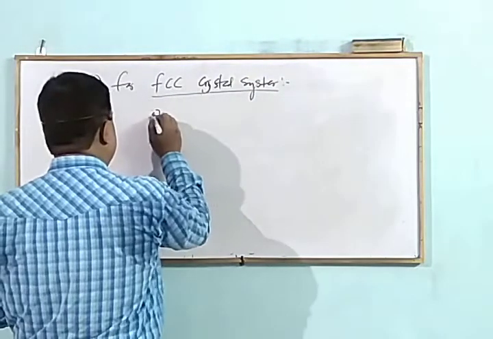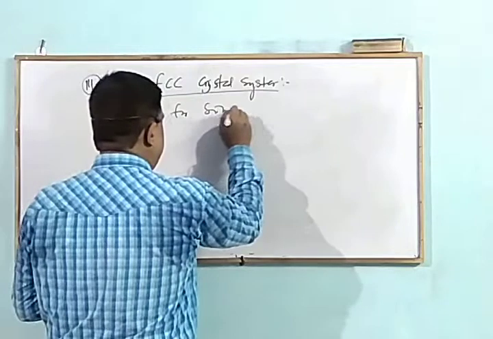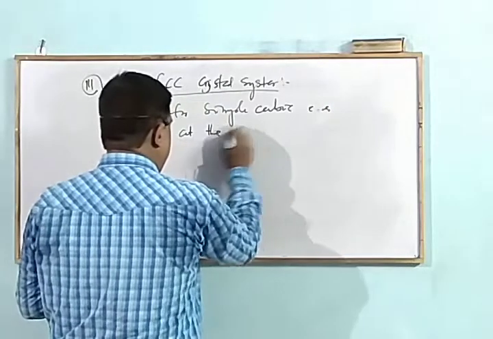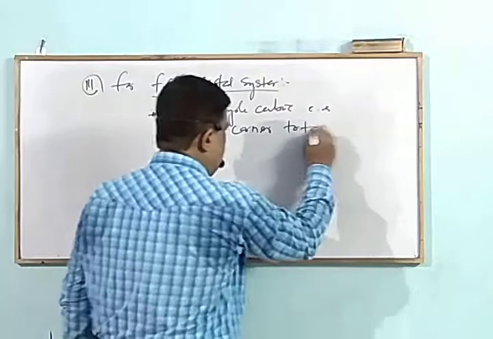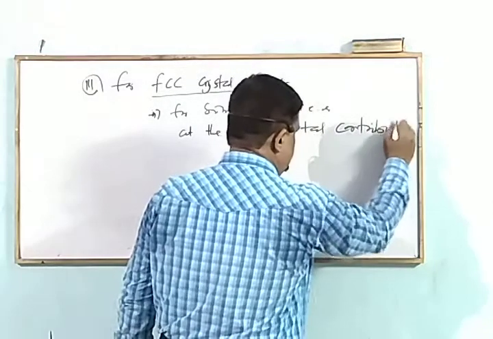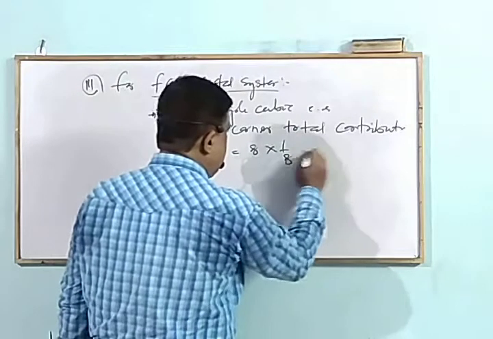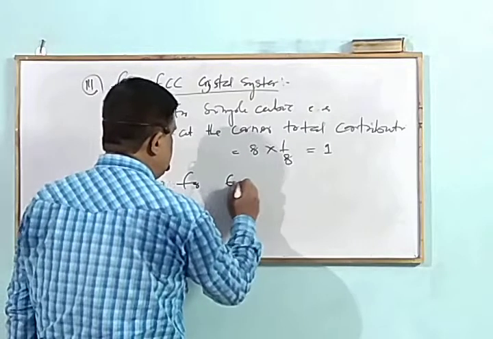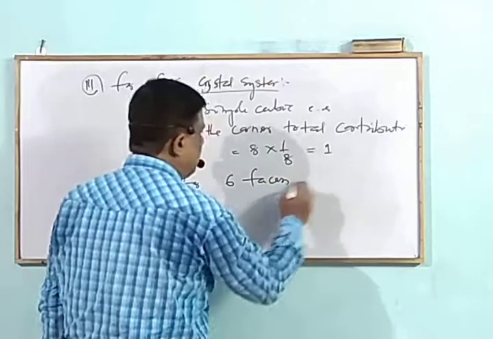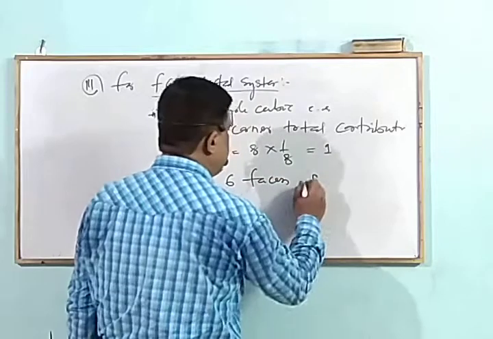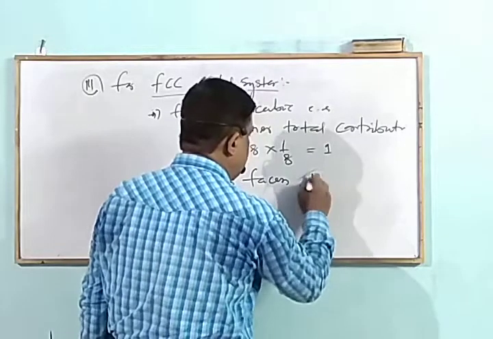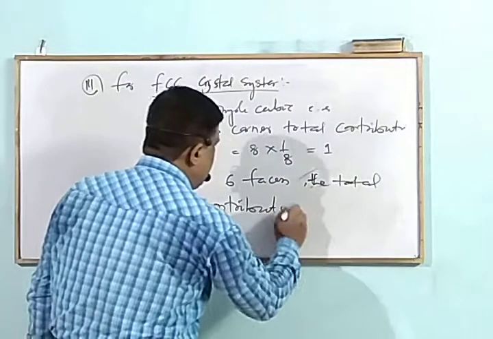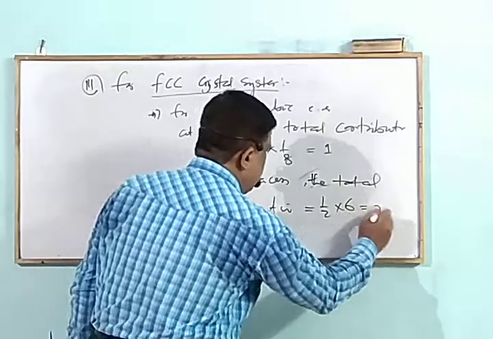bit 1, that means for simple cubic, that is at the corner, total contribution is equal to 8 into 1 by 8 is equal to 1, and point 2, for 6 faces, the total contribution is equal to 1 by 2 into 6, that is 3.